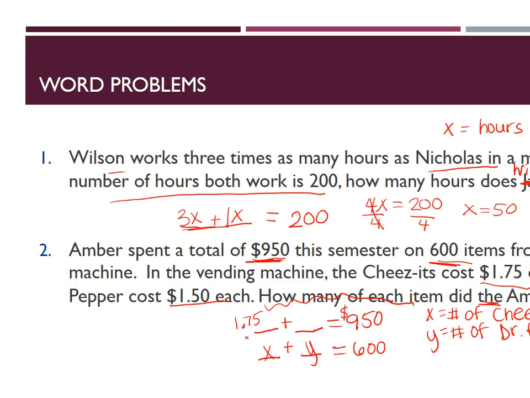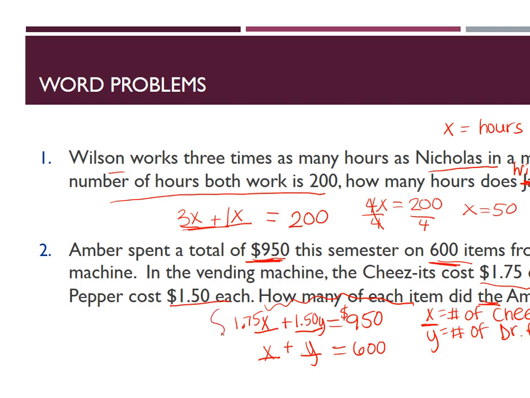If she bought 2 Cheez-Its, it's going to be $1.75 2 times. If she bought 5 Cheez-Its, it's going to be $1.75 times 5. So this is going to get multiplied by the number of Cheez-Its, which we don't know, but we let x represent that. So it's $1.75 times x. And then how much was spent on Dr. Pepper is $1.50 times however many Dr. Peppers, which is y.